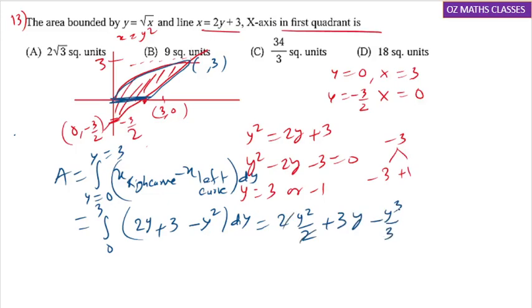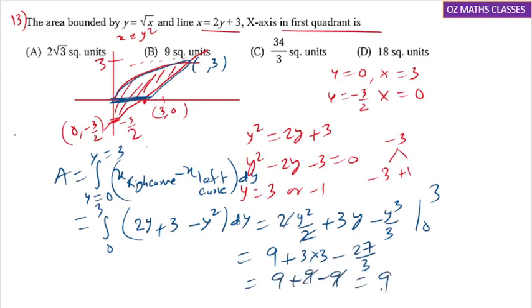So 2 will be cancelled, from 0 to 3. So 9 plus 3 into 3 minus 27 by 3. So 9 plus 9 minus 9. So the answer is 9 square units.